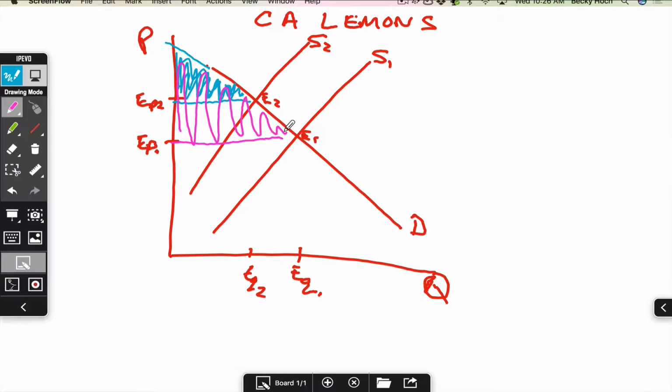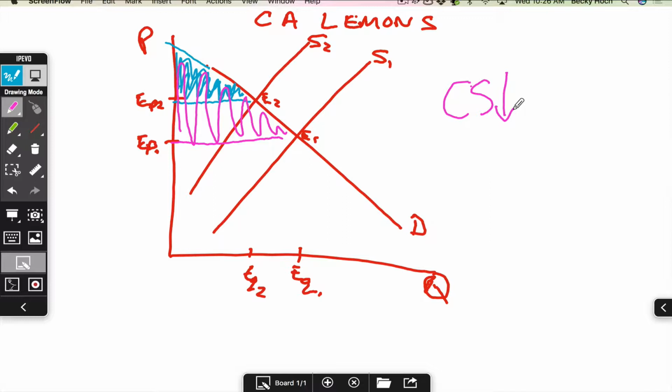You illustrate with diagrams, and then you write a full statement, going through the whole change in supply process.